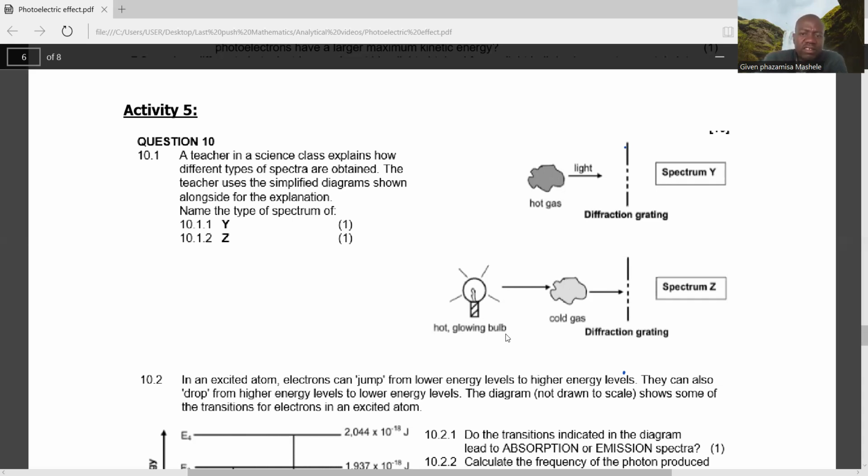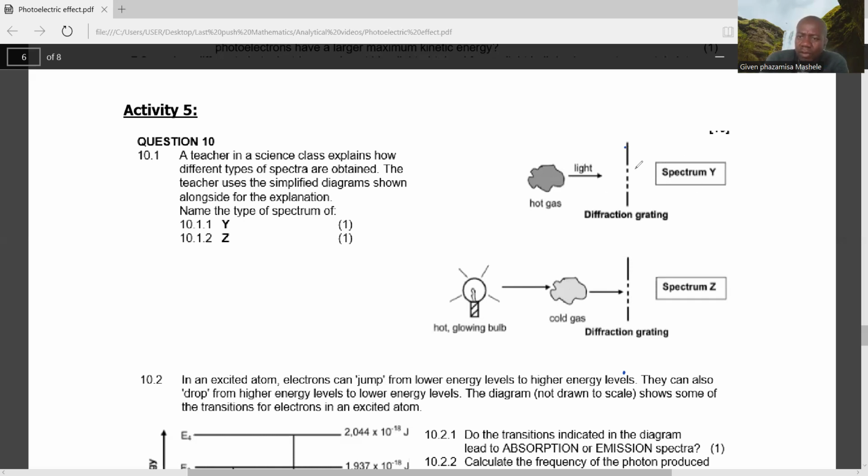So here you can easily see that, okay, fine. It says the teacher is in a science class, explaining how different types of spectra are obtained. The teacher uses the simplified diagram shown alongside for the explanation. Name the type of the spectra. If you look here, we just use visible light shining on a prism.